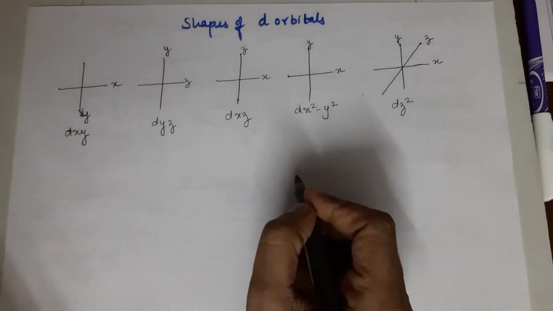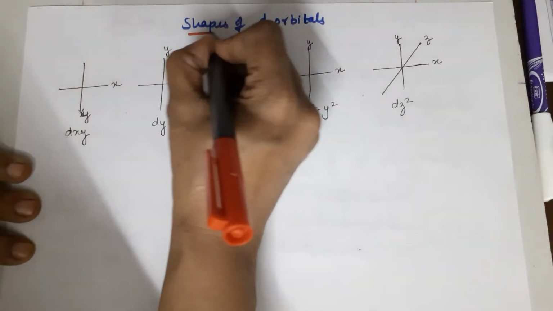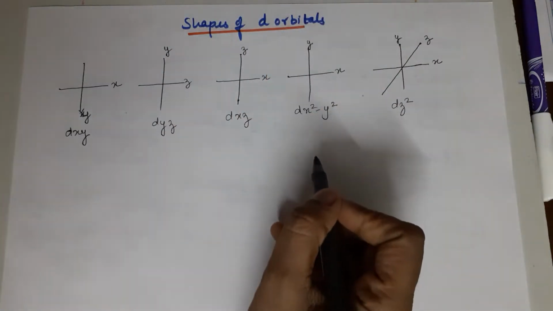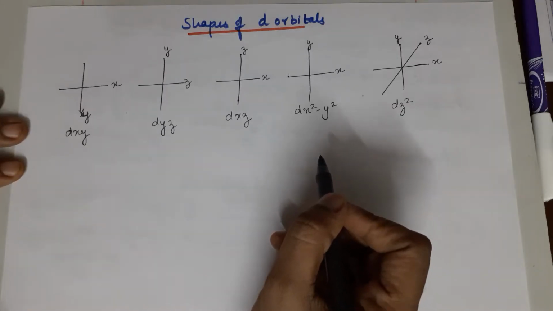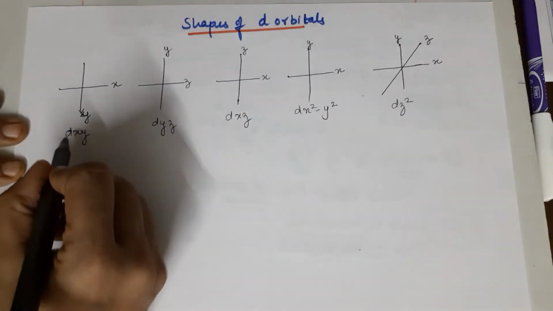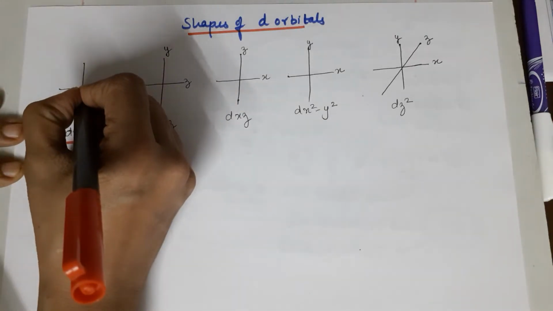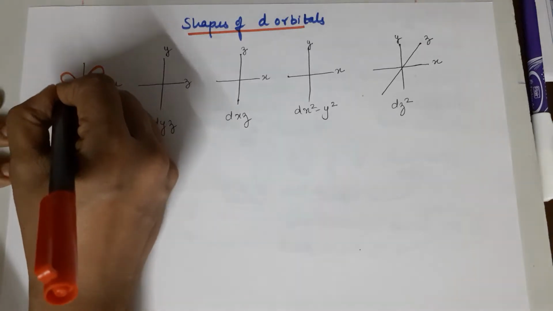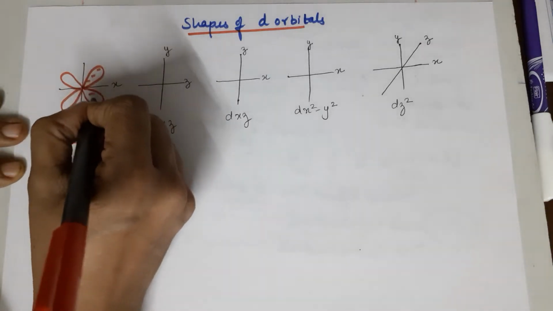Now, before we move on further, we need to understand the shapes of the d orbitals. These you had done in class 11th, structure of atom chapter. Now, d orbitals are total of 5 types. The first is dxy. A dxy orbital is an interaxial orbital, that is the electron cloud is in between the axes.